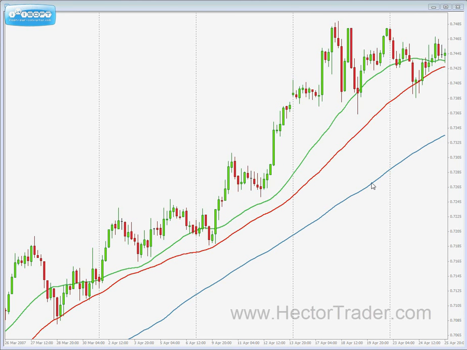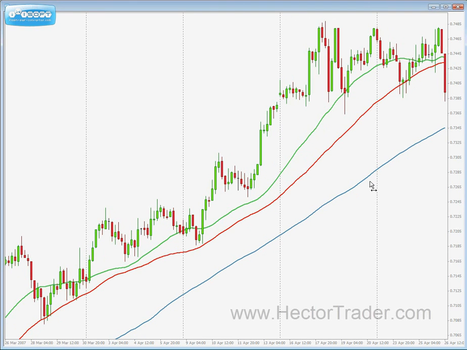Now let's assume we open our chart today and we see this. Let's assume this is a live chart, and this is the current market price at this level. Let's try to read what's going on.